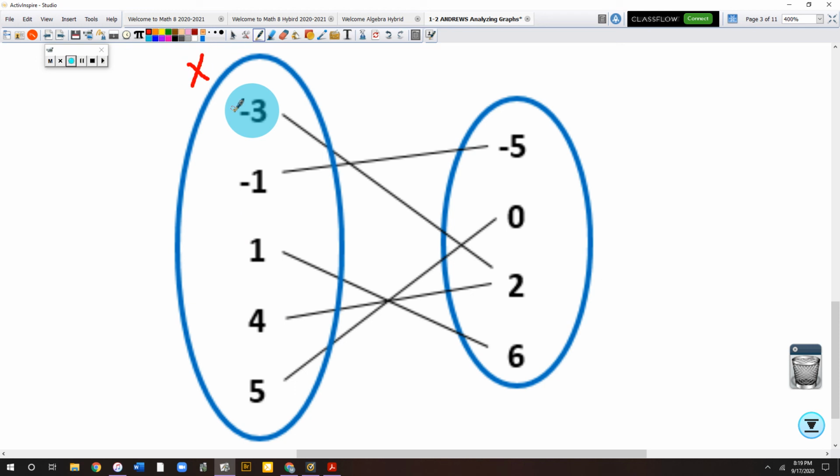So a -3, if we were doing a coordinate pair, would be the x value in a coordinate pair. The arrow or the line, sometimes they're lines, sometimes they're arrows, connects up with the 2. -1 connects up to -5.